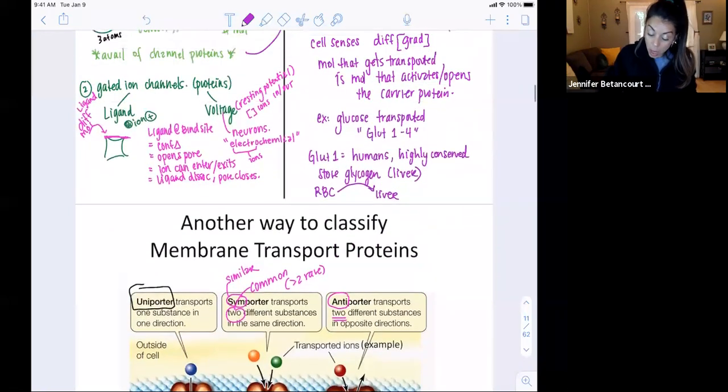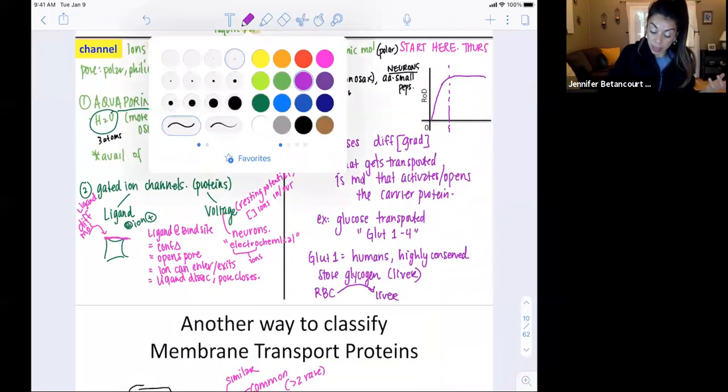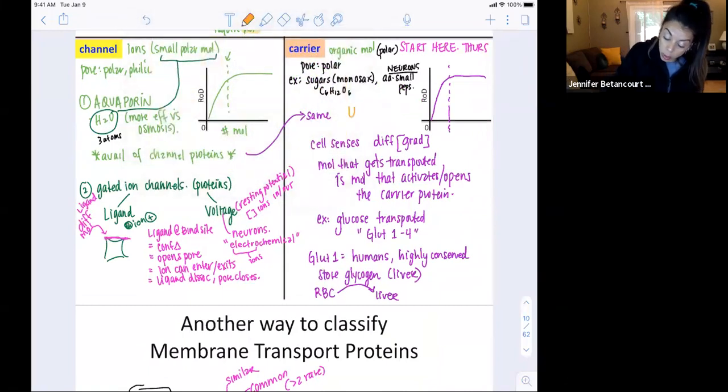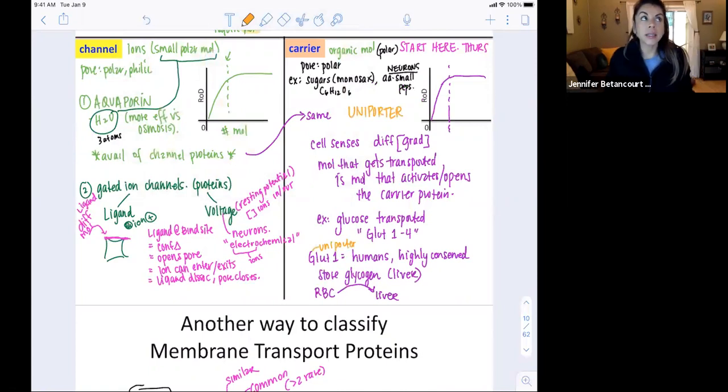Okay, so this would also be an example of a uniporter if we're talking about one molecule being transported by one protein, and that molecule only goes one way. Okay, so this would be a uniporter. Again, just kind of emphasizing the idea that you can classify molecules a bunch of different ways.